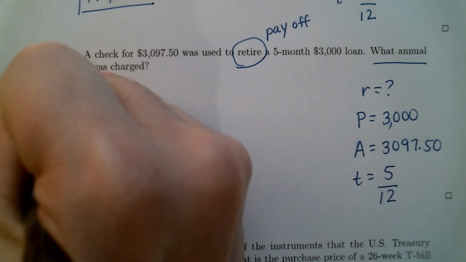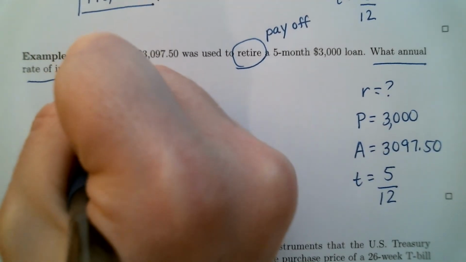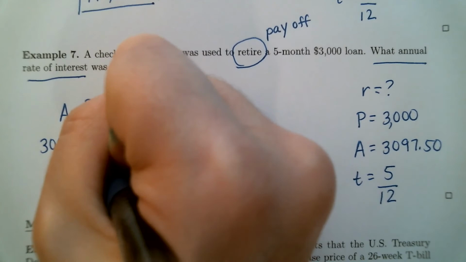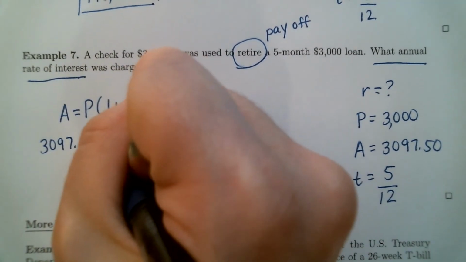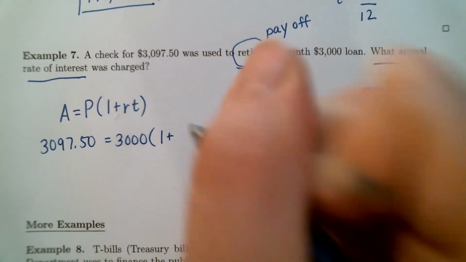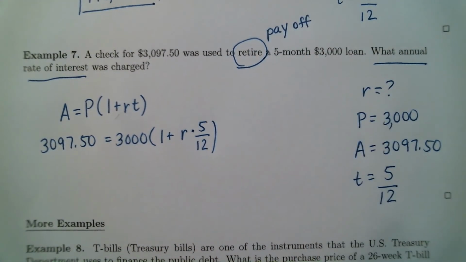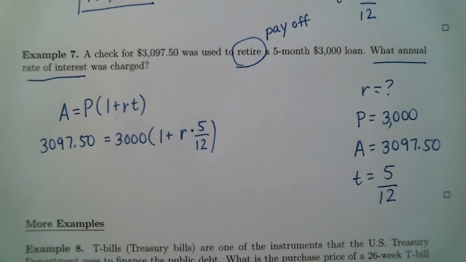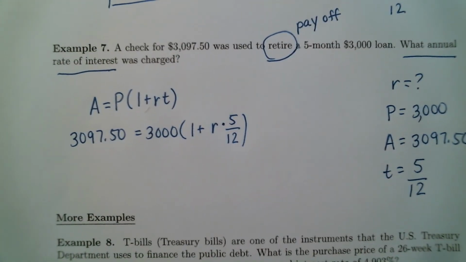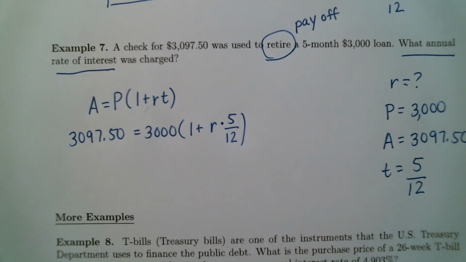So we're going to get $3,097.50 is equal to 3,000 times (1 plus R times T). And then we've got to solve that for the R value. There's a couple of different ways that you can go about this. The first thing you could do is distribute the 3,000.